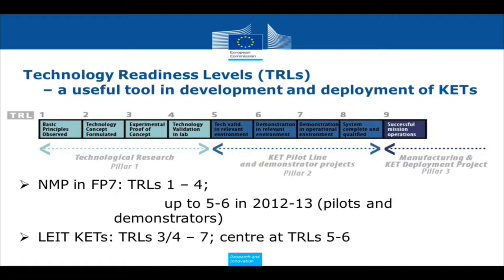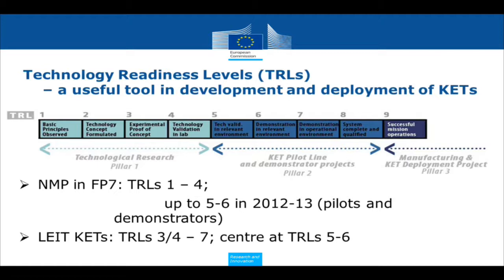The way we use them is to refer to the maturity of the technology, of the key enabling technologies that we are addressing in each topic. And the critical area for us is from 4 to 7. It's the perceived gap from 4 to 7. As you have seen already, that is where our activities are, with very few exceptions.